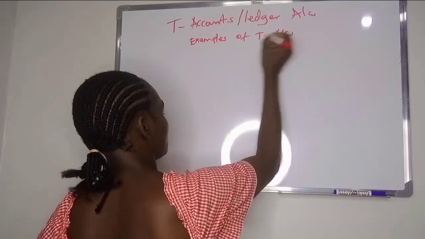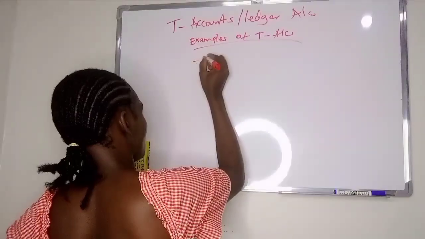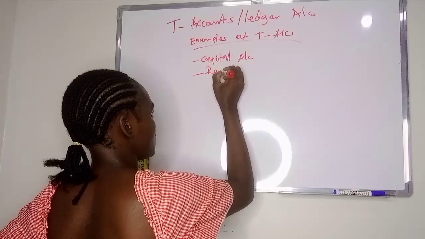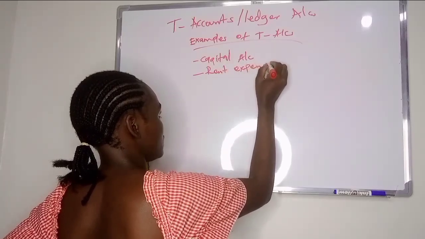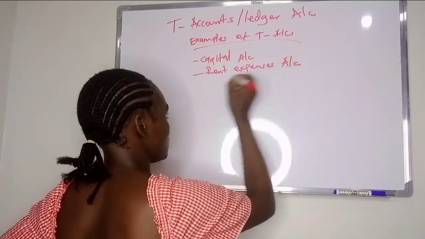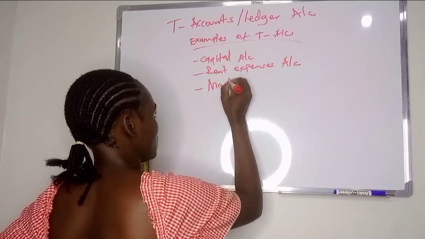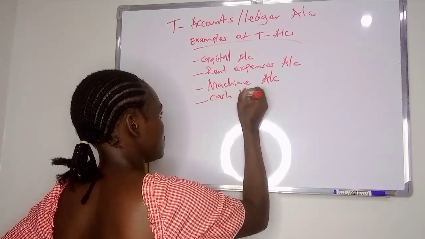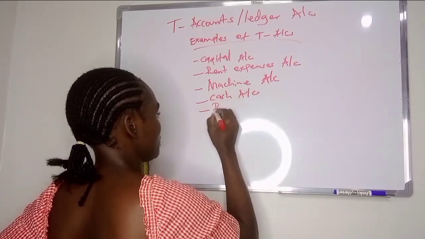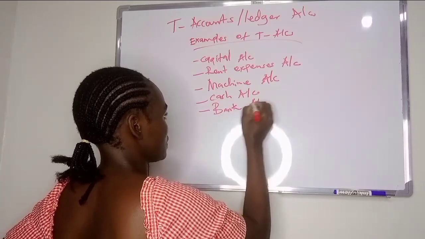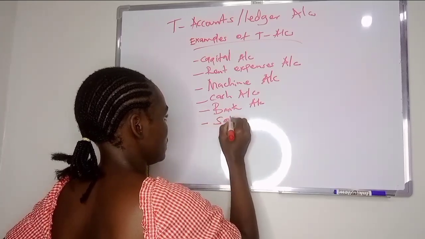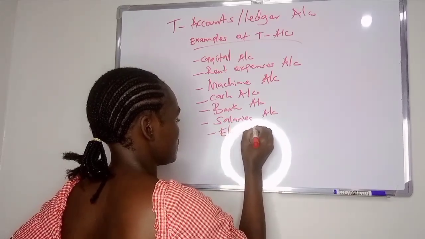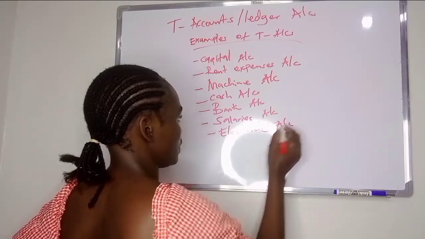Examples of T accounts. They are all the accounts that you know: capital account, rent expenses account, machine account, cash account, bank account, salaries account, electricity account.